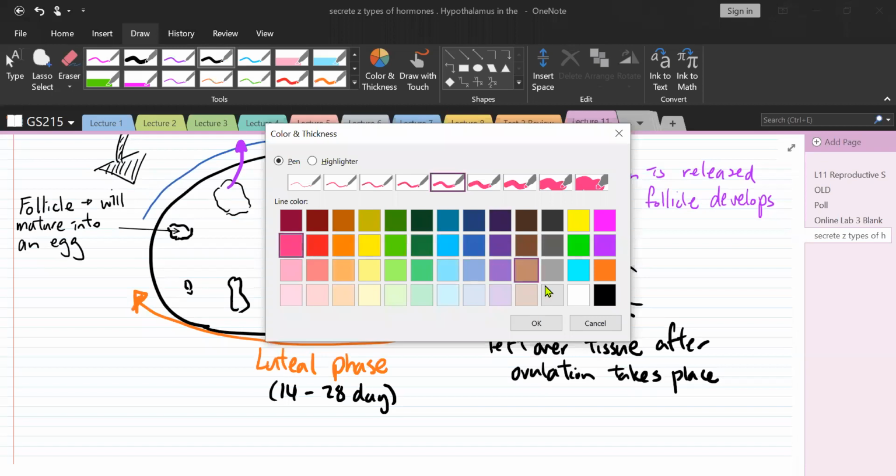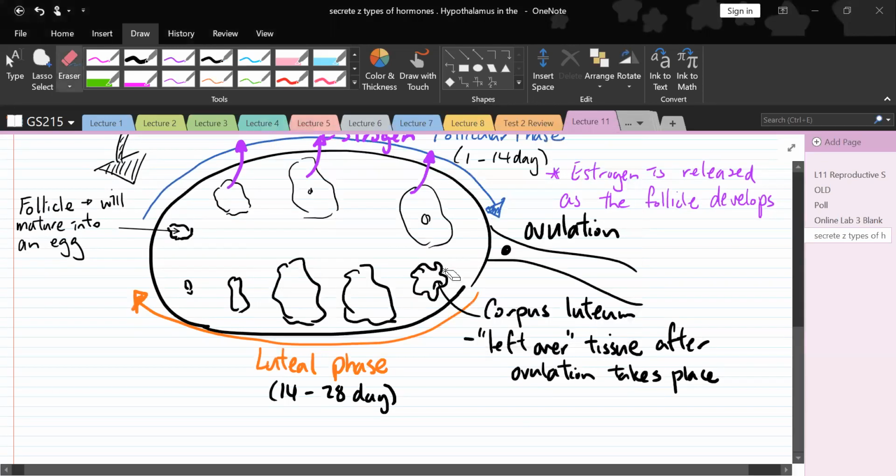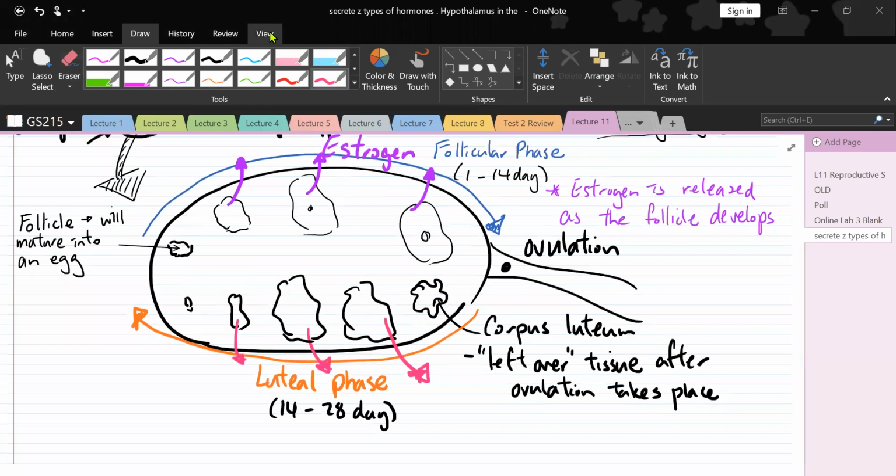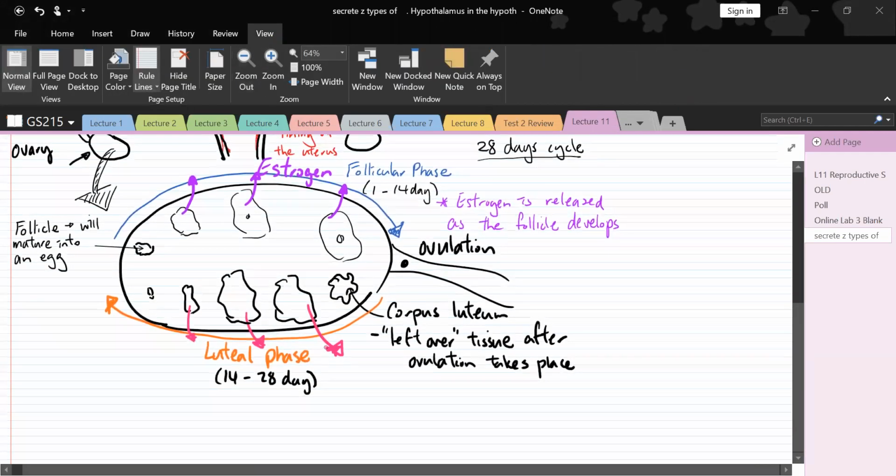Now, as the corpus luteum is growing and then eventually shrinking, it's going to pump out another hormone. Anyone remember what the second one is?